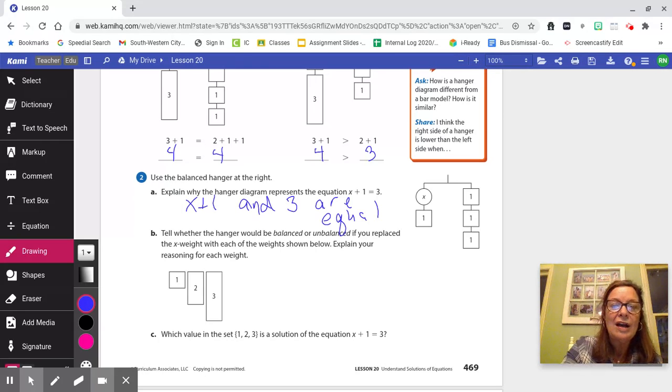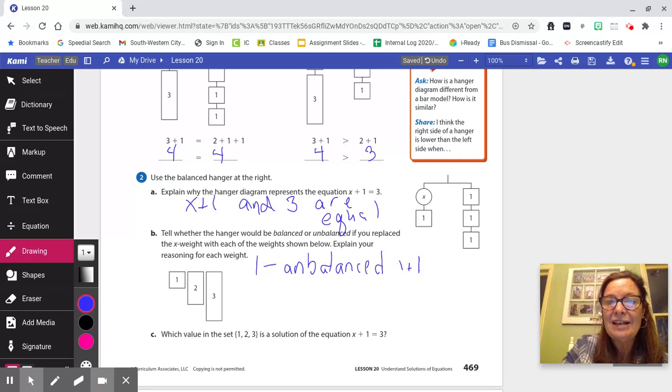So if you did 1, it would be unbalanced. This is really messy. Unbalanced because 1 plus 1 is less than 3. 2 would be balanced because 2 plus 1 is equal to 3.